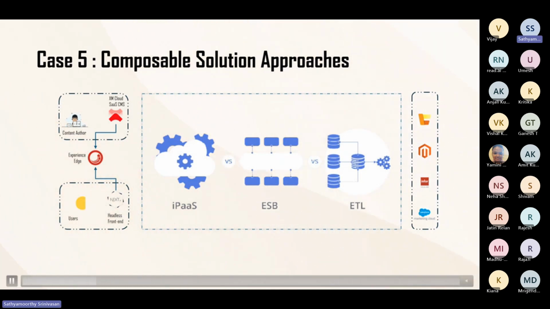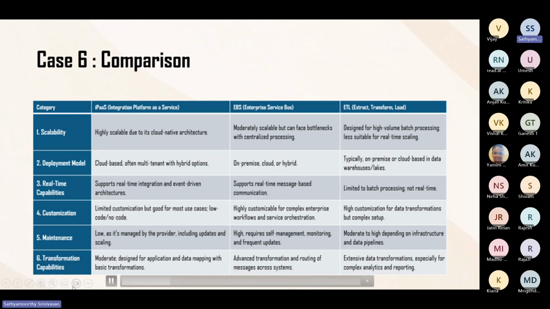And in the next slide, I've provided the comparison. In terms of scalability, iPaaS, being SaaS in nature, is highly scalable. ESB is moderate because it requires some effort, and we need to take care of data flows, which may create performance bottlenecks.